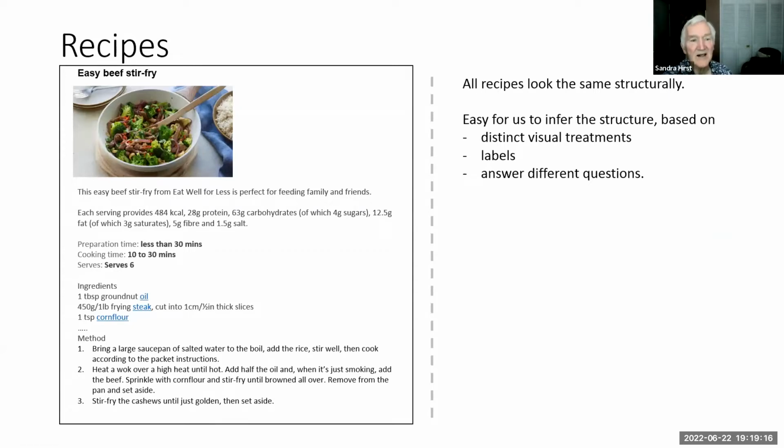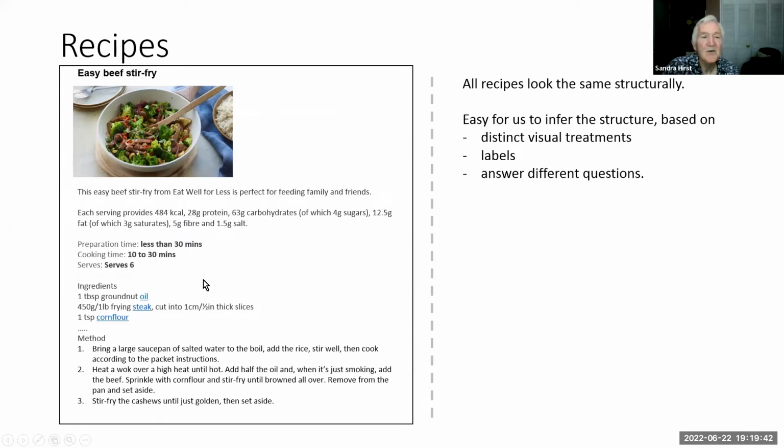All the recipes have this same format, and it's our job right now to say, what is that format? And there are lots of clues. There are layout or visual treatments that are different, so the title looks different. So that's one part of it. We've got labels as well: ingredients, methods, preparation time. That gives us some other pieces.